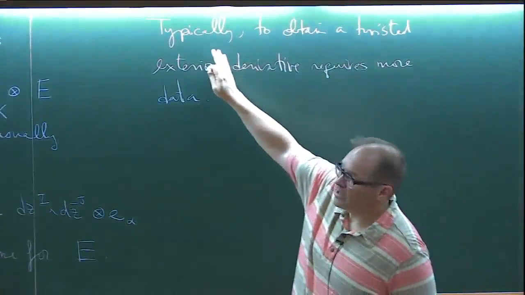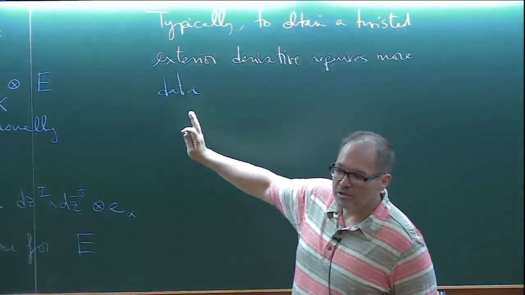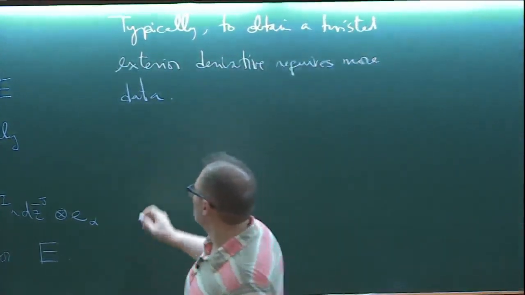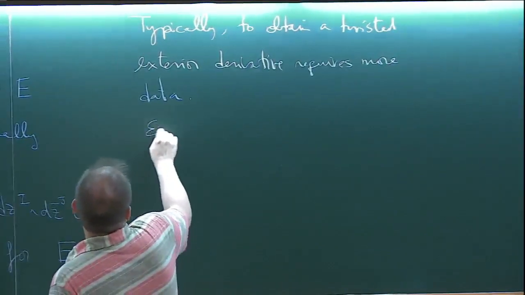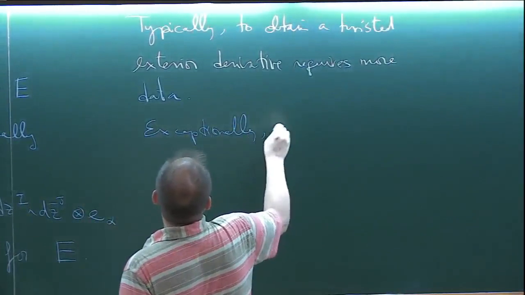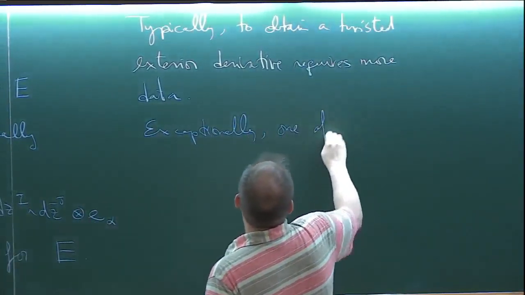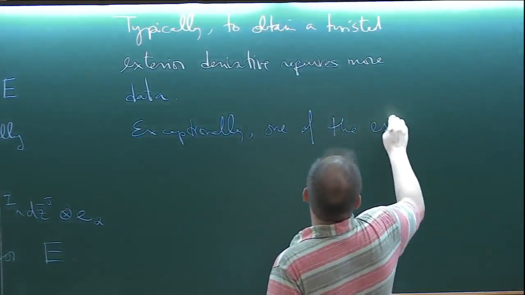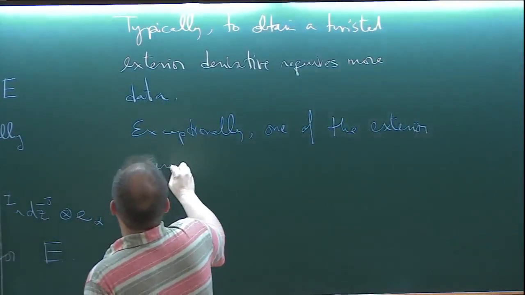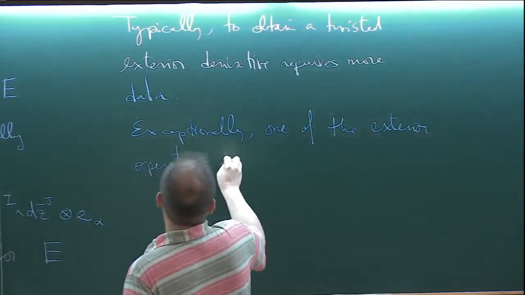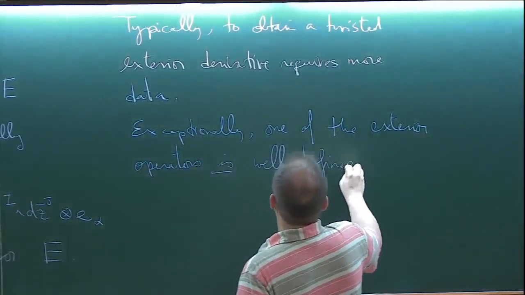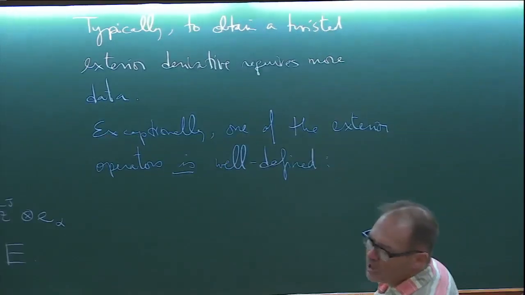I said typically, but there is actually one operator which is well defined and it's fundamental for us. So, exceptionally, one of the exterior operators is well defined. That's the d-bar operator.